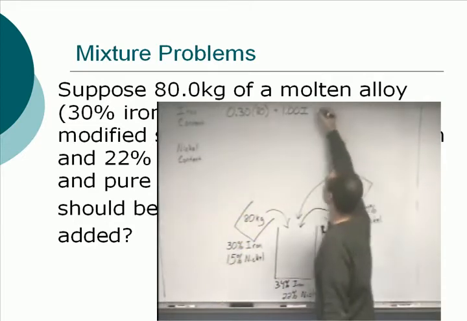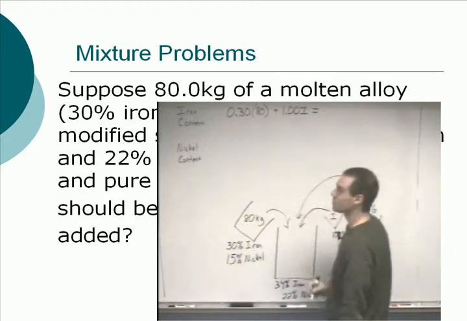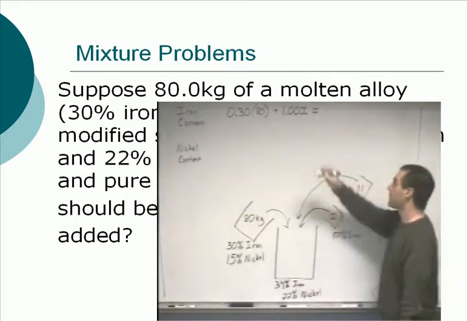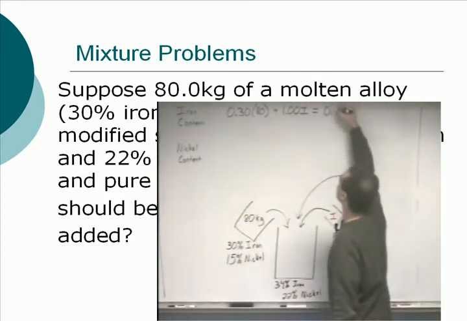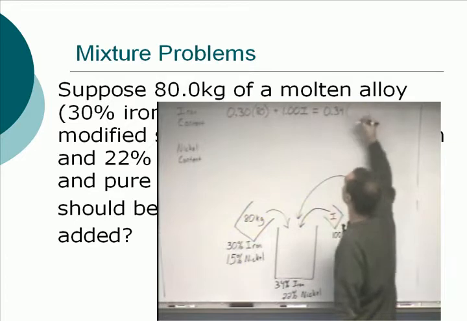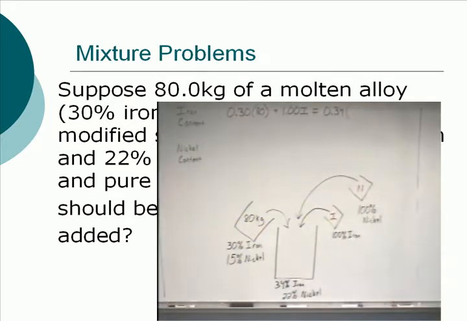And how much do we want to end up with? We want to end up with 34%. 34% of what? That's the question. How much of this stuff are you going to have when you're done? 34% of your total.